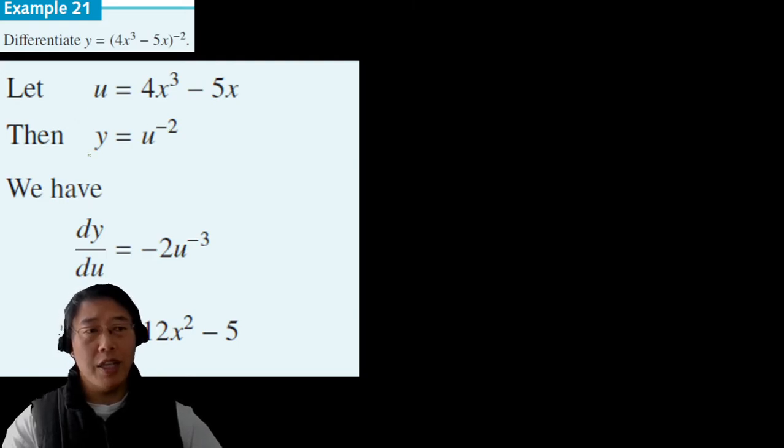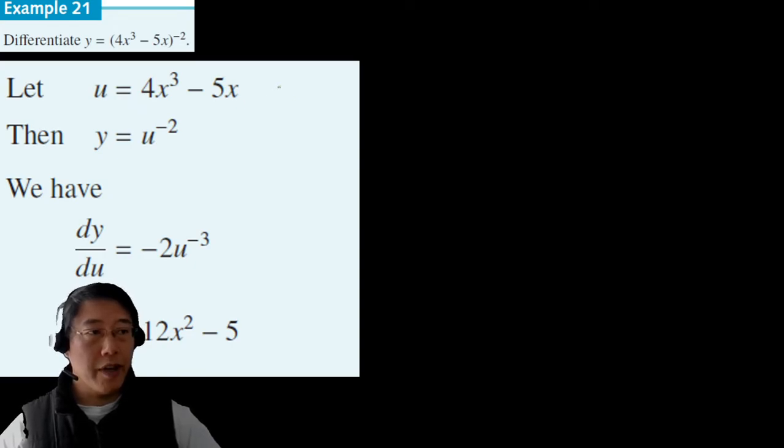In the next step, this is a function in terms of x, so we'll differentiate in terms of x, and this one is just in terms of u, so we'll differentiate in terms of u.